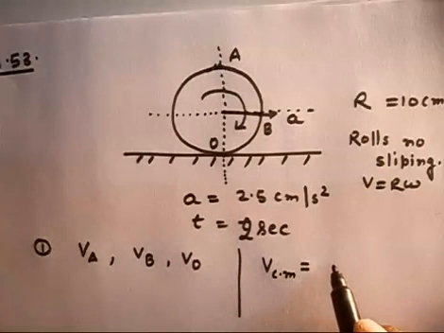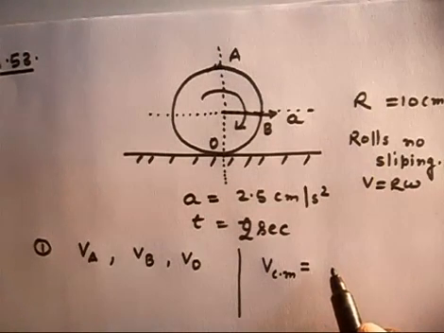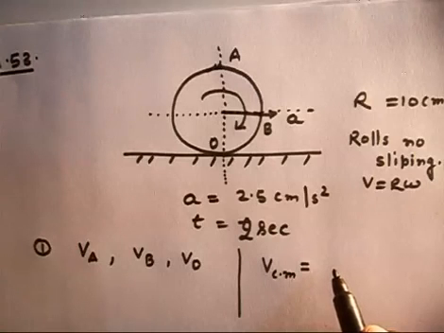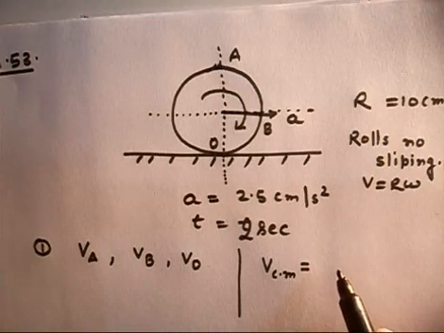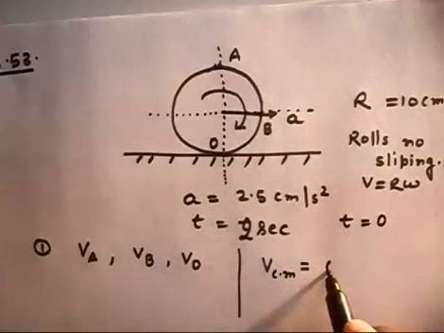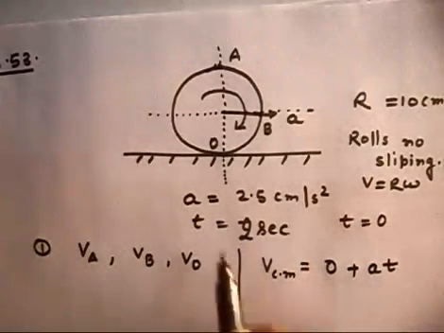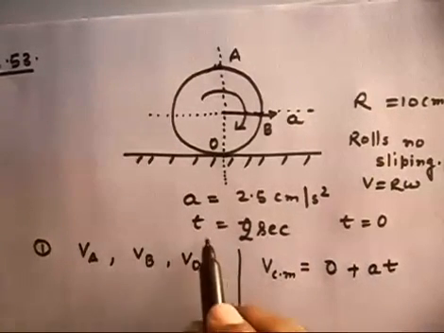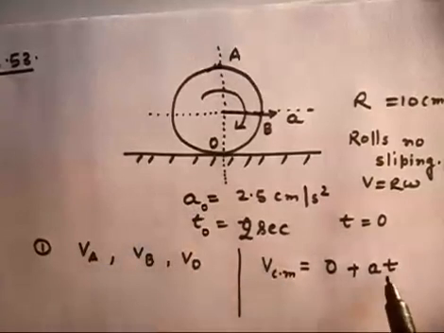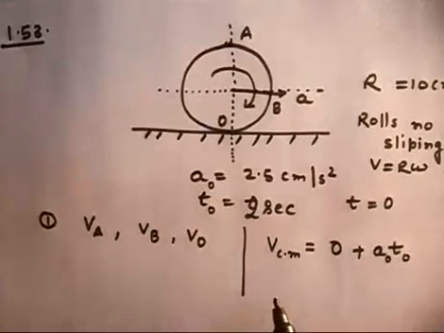Let's say it starts from rest, so beginning of the motion starts at t equals to 0. So u is equal to 0 plus a into t. Let us put this as a naught and t naught so that we don't have any confusion. So now we know the velocity of center of mass.